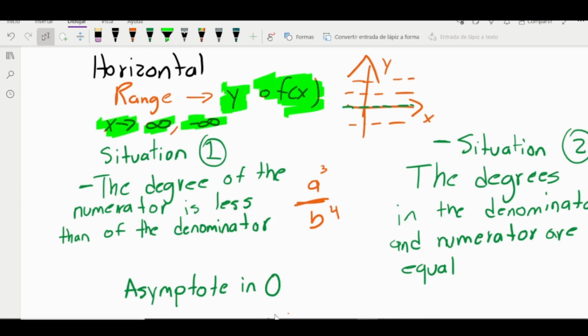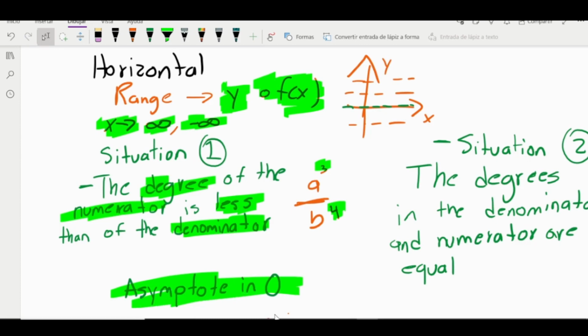Like I said, we are focused on functions that are represented with a fraction. The first situation is when the degree of the numerator is less than the degree of the denominator. In this case, the asymptote is going to be 0. As you see, I put some lines here that represent the asymptote.